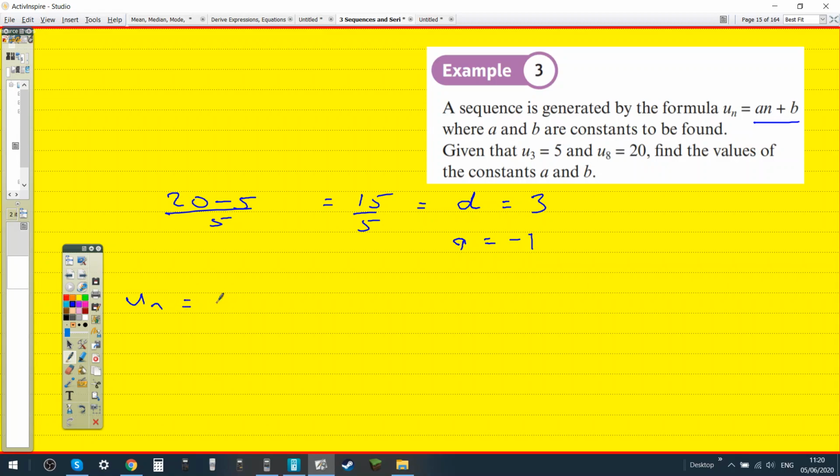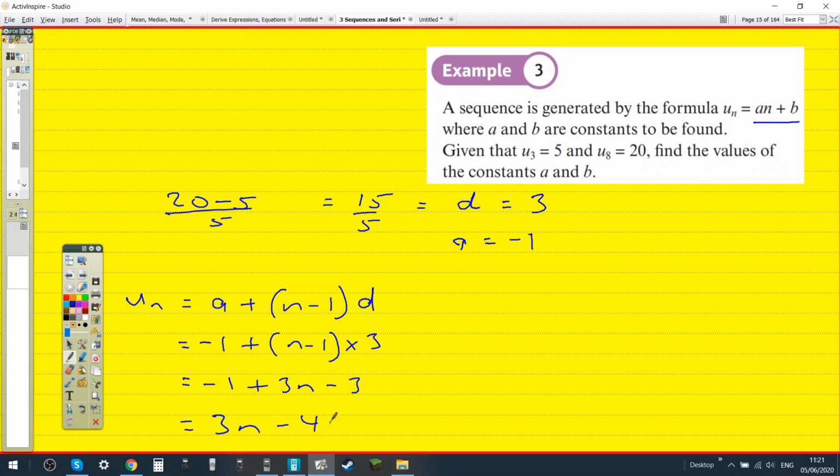I think if we just did A plus n minus 1 D and we subbed in n minus 1 times 3, that would be -1 plus 3n minus 3. So -4 plus 3n, 3n minus 4.